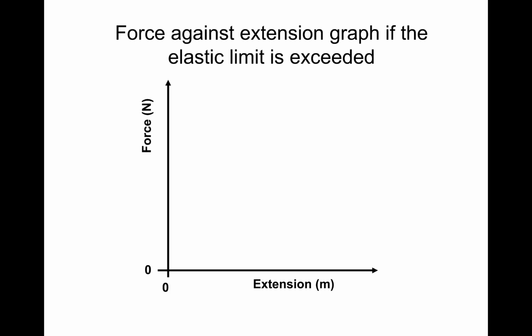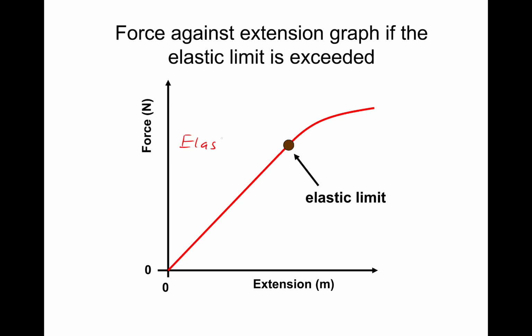So what about a force against extension graph if the elastic limit is exceeded? So it might look something like this. So that point will be the elastic limit. So this left hand side of the graph, if you were doing A level, is called the elastic region. Try and write this in neatly. So the elastic region.